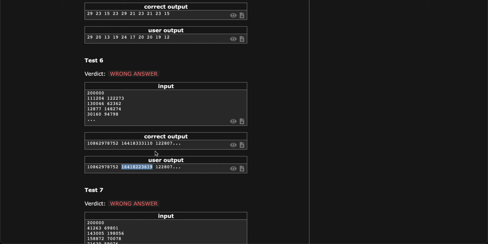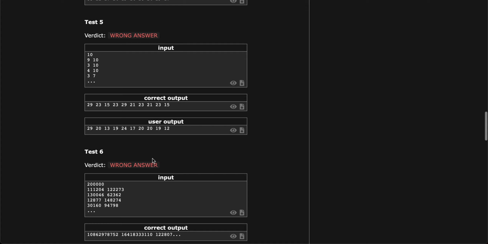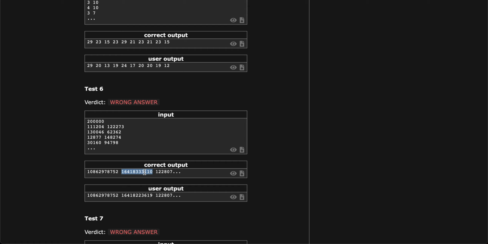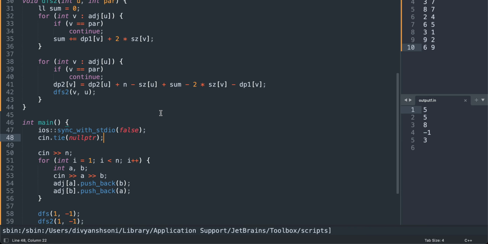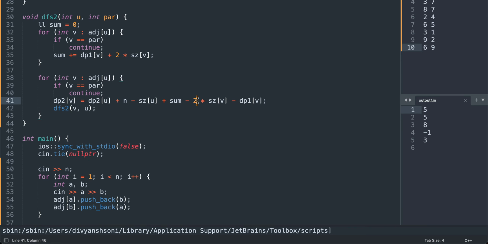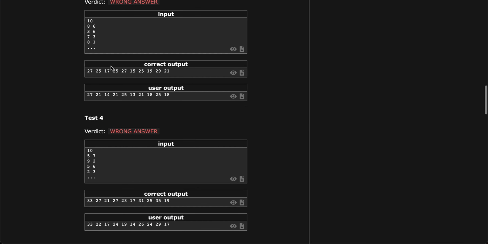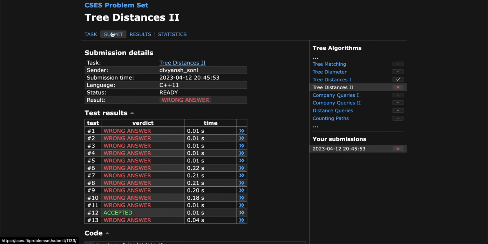Is it always smaller or greater? It can be both smaller or greater also. What is 333? Okay, it is always smaller. I'm missing something. I'm subtracting something more. Is it this one? Let's see.